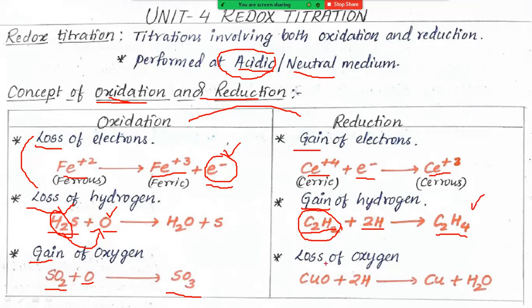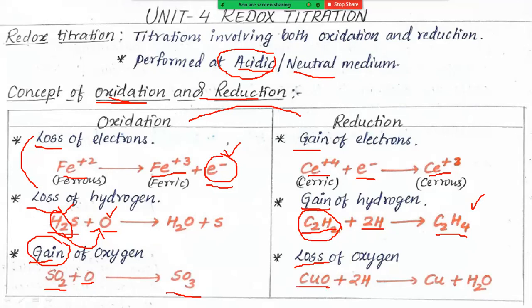And the third definition is loss of oxygen. This is also the complete opposite to the oxidation process. In the oxidation process we see gain of oxygen, where oxygen is added to the substance, but here oxygen is lost from the substance.